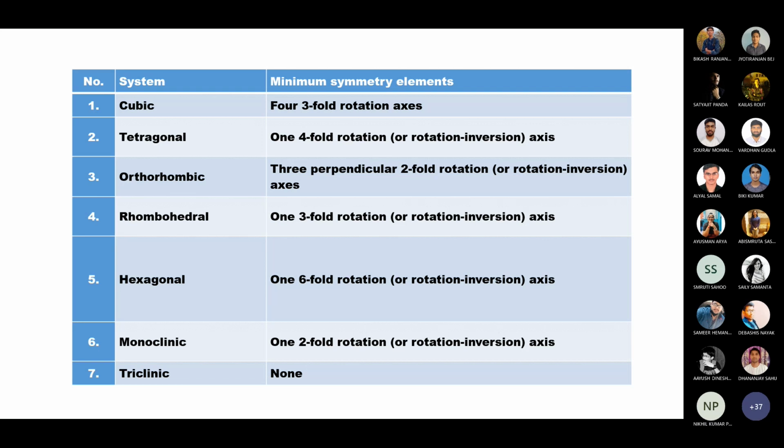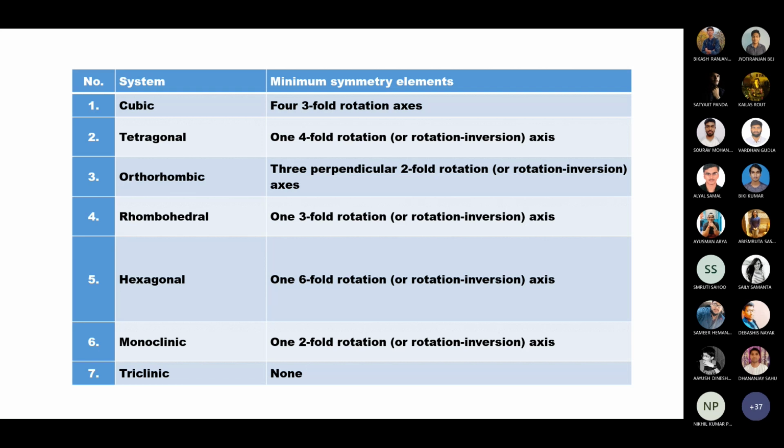If you take the diagram of the cubic, and all of you understand the Miller indices of a particular plane and the diagonal of a cubic system, if it is a 1-1-1 direction or diagonal, then if you rotate about it, you will have a threefold rotation. Threefold rotation means you divide 360 degrees by that number, so there will be a 120 degree rotation. After that, things will be the same.